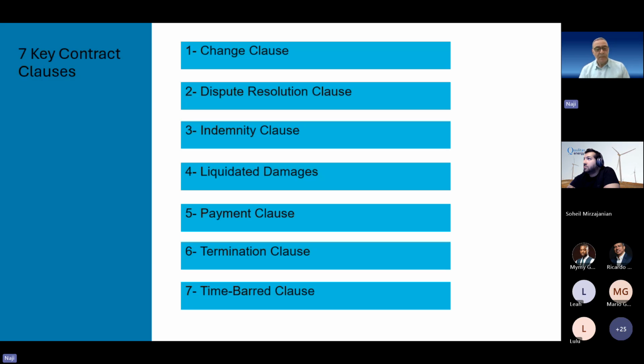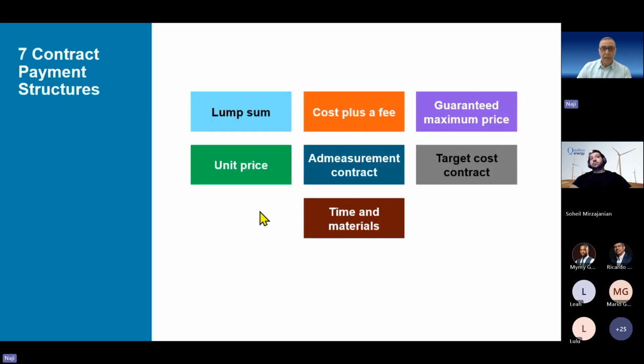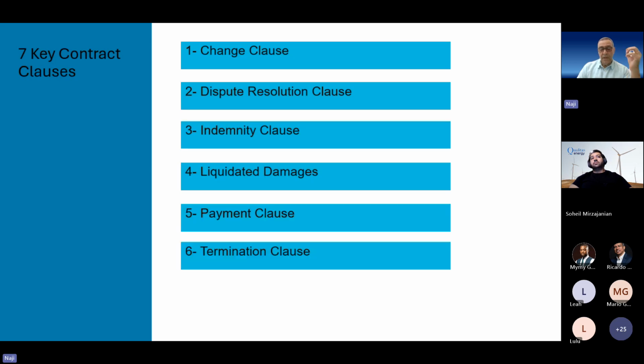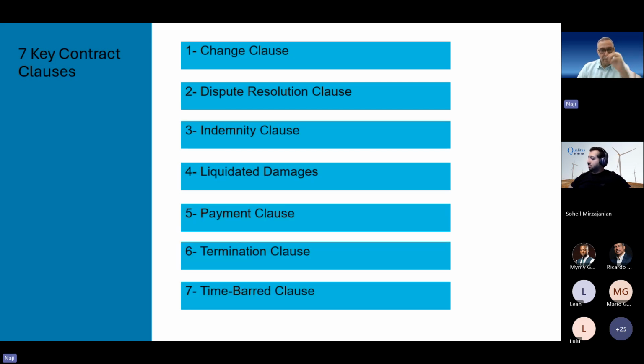Time part clause, the timing. How much time you have to submit for a claim, how much time you have to reply to a change request, whatever the sequence is. So these two, the payment model and these seven clauses, they are a must in any contract.